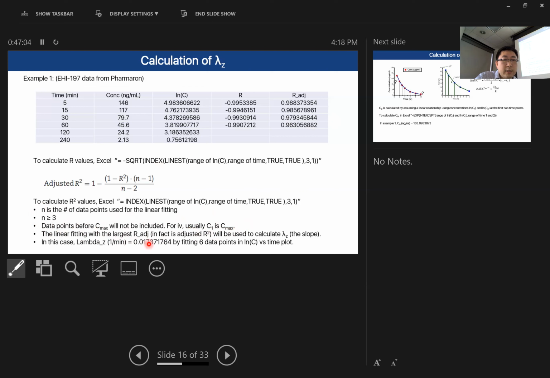Linear fitting with the largest R square adjusted will be used to calculate the so-called lambda z. Lambda z is the slope, right? So that's the linear fitting slope. In this case, lambda z is this number, obtained by fitting 6 data points in the natural log C versus time plot. Okay.